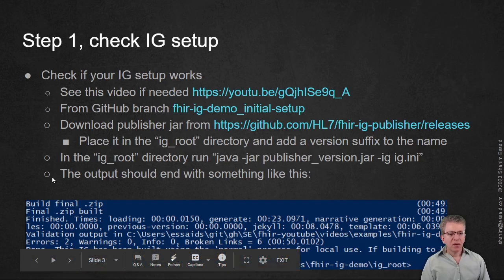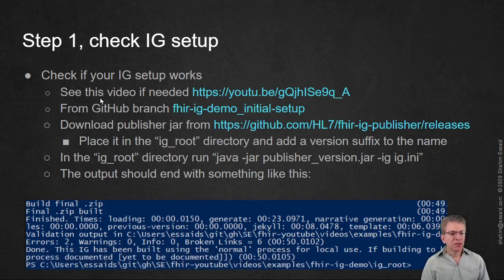Okay, so if you have not watched the previous video for getting set up for the IG publisher, you could watch that video here. These slides will be linked in the description, so you could follow these links to find that video. If you don't want to watch a video, you could also check out the GitHub repository, this branch.